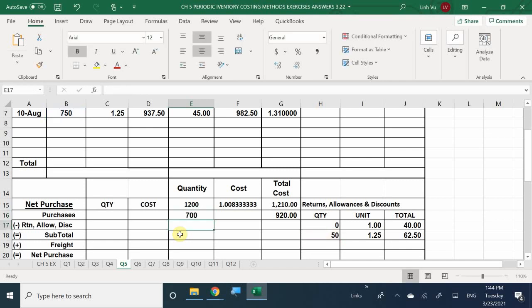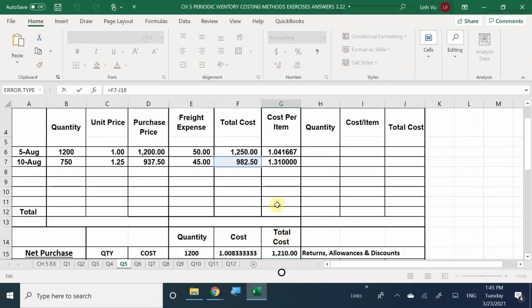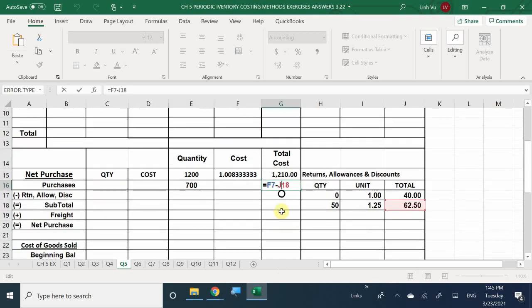And because I made an adjustment to my quantity, I have to also make an adjustment to my cost. So in this case, what I did here was I took my total cost of 982.50 and I subtracted out what I refunded for.